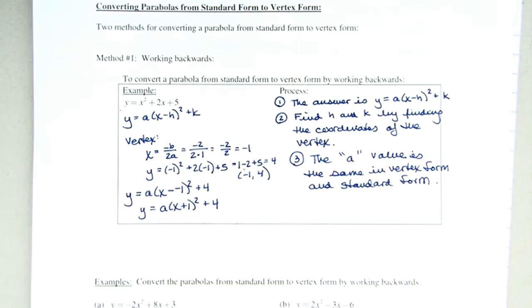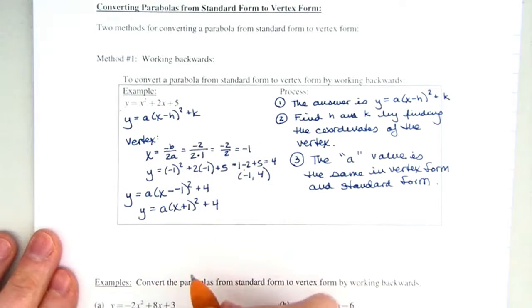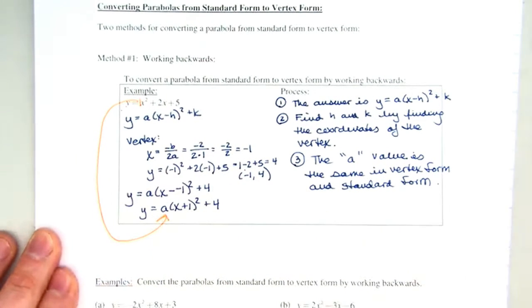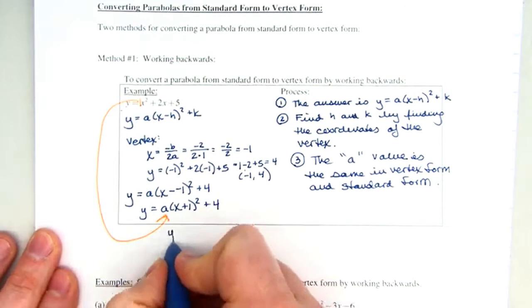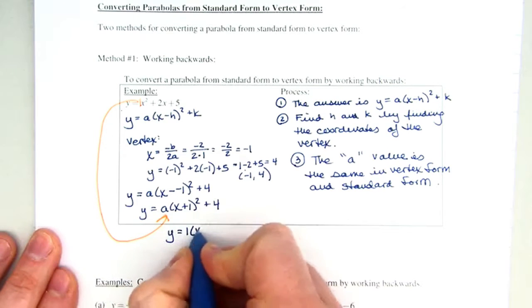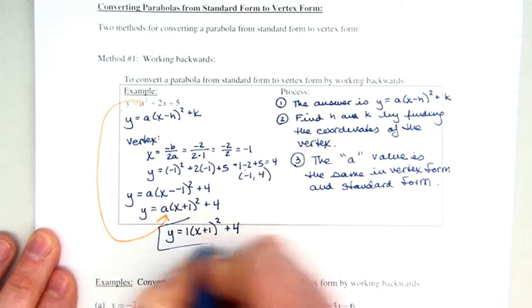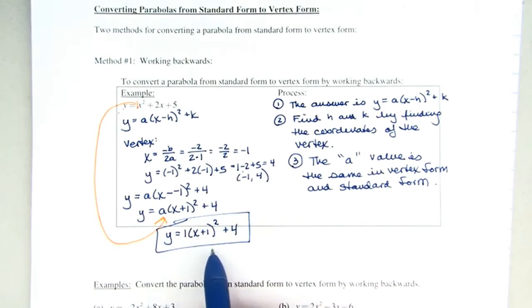The a value is going to be the same in vertex form that it is in standard form. My a value in standard form, 1, there's a 1 before that x squared. So what's my a value going to be down here? Still just 1. My answer is y equals 1, no, you don't have to say that, times x plus 1 squared plus 4, or just y equals x plus 1 in parentheses squared plus 4.